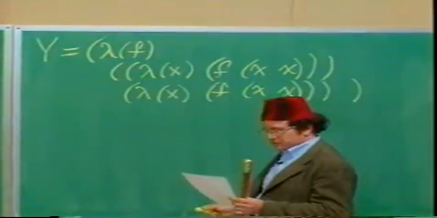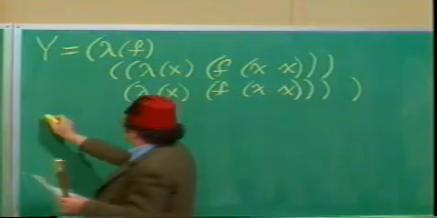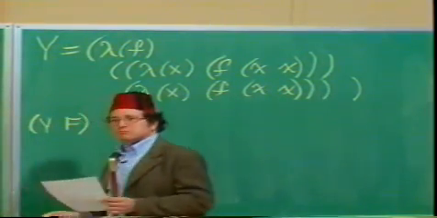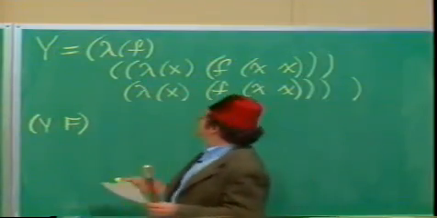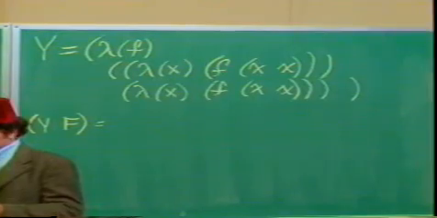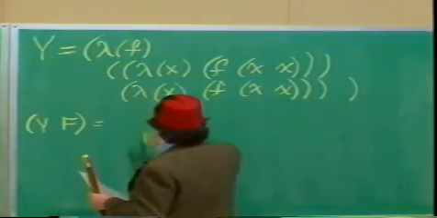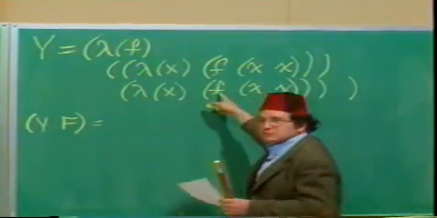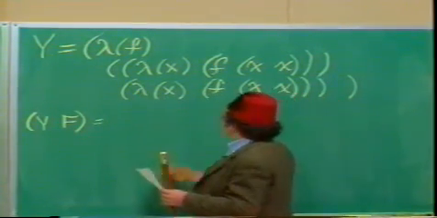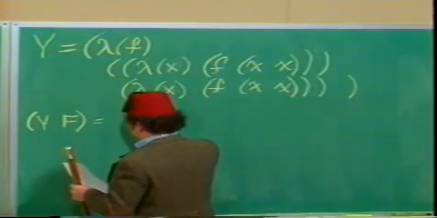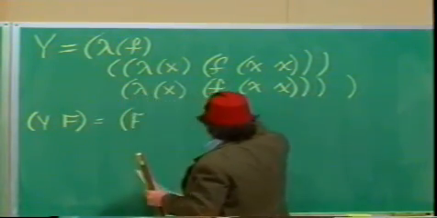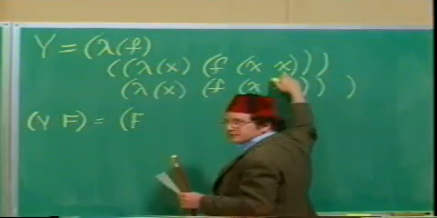Now what does this do? Suppose we apply Y to f. Well, that's easy enough. That's this capital F over here. The easiest thing to say there is I substitute f for it here. So that's going to give me basically, because then I'm going to substitute this for x in here.